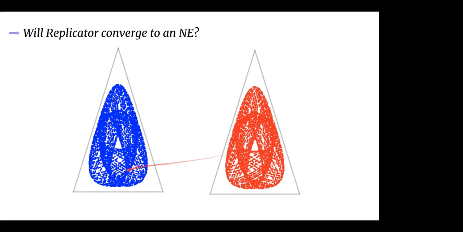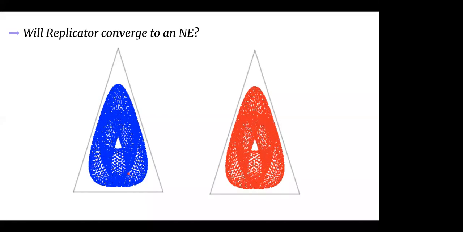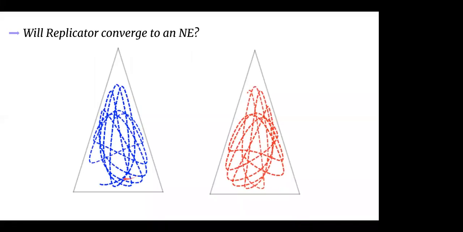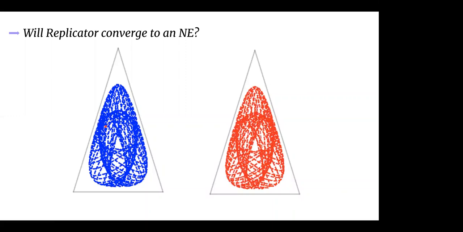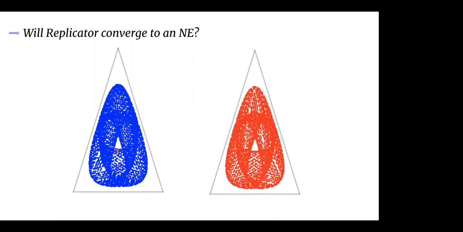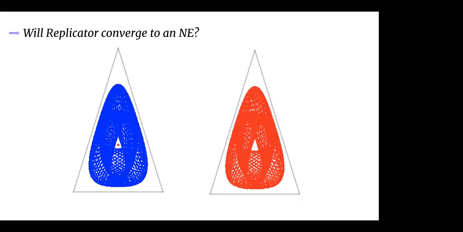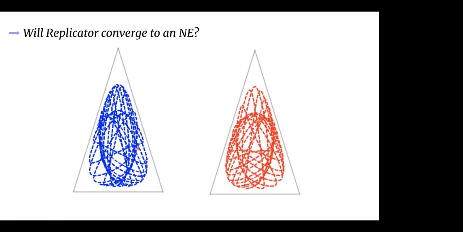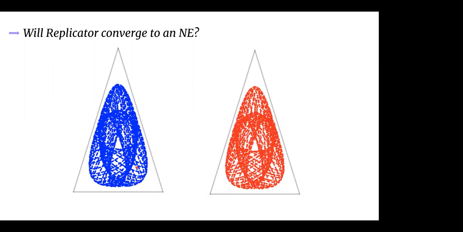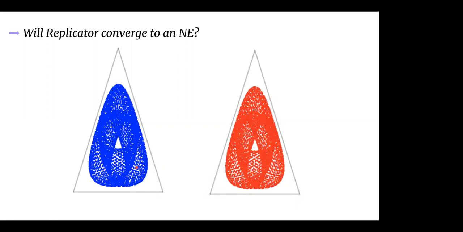And what you can see is that not only do we not reach the Nash equilibrium, but we actually stay bounded away from it from almost any initial condition. Okay, in fact, unless you start at the Nash equilibrium, in this case, your dynamics are always going to be recurrent in this rock, paper, scissors example.